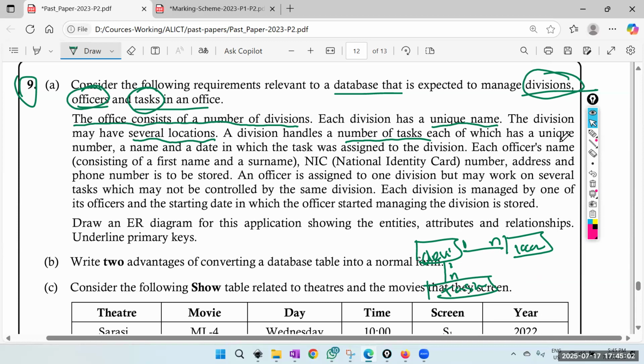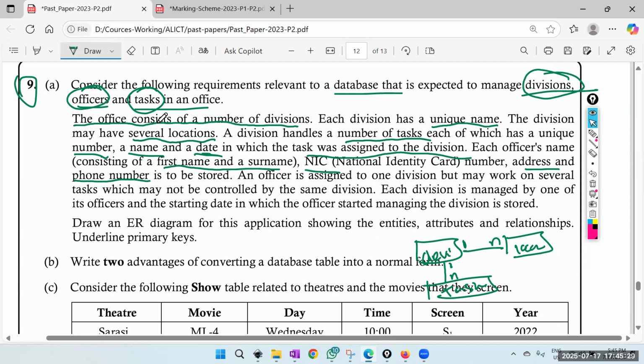Each task has a unique number, a name, and a date on which the task was assigned to the division. For each officer, the name consisting of first name and surname, NIC, address, and phone number is to be stored. So that is officers. I hope officers are connected to a division.